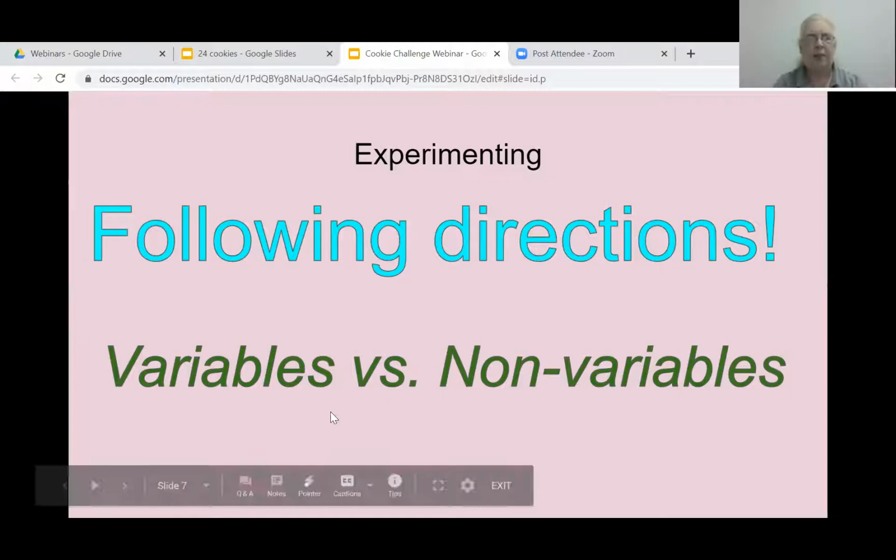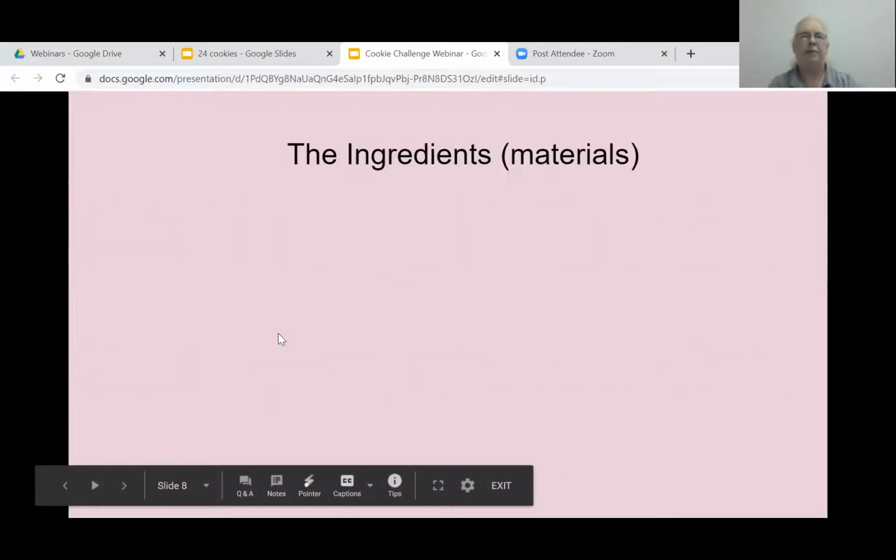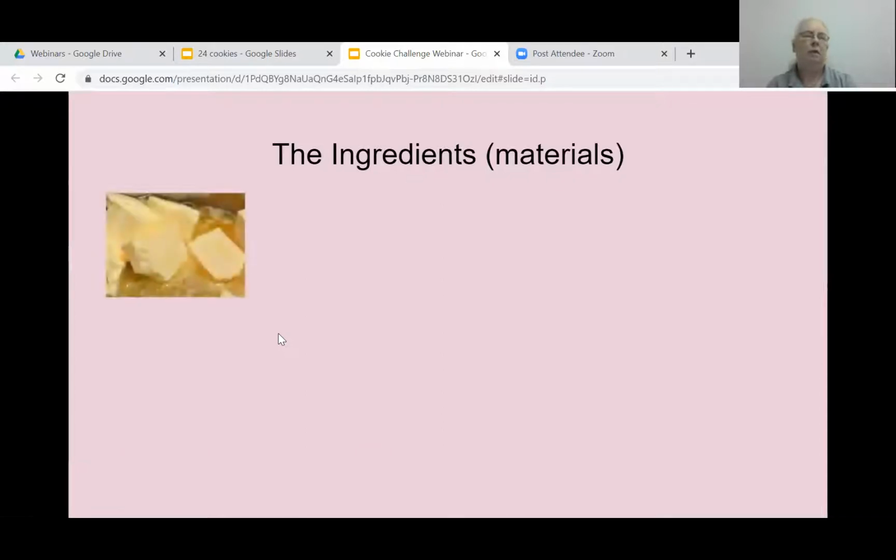Let's look at the ingredients, see if that makes a difference. Here are the ingredients. We need some kind of fat, whether it be oil or butter. And I want you to remember that anything we talk about, you have to also consider allergies.